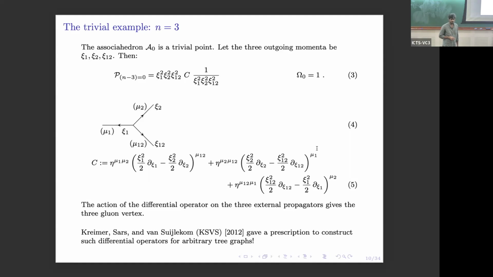Quick question, what happened to the Lie algebra structure constants? Oh, yes. Throughout the talk, I will have color ordered amplitudes. Color ordered amplitudes means that you write the full amplitude as a sum over all the possible color structures.